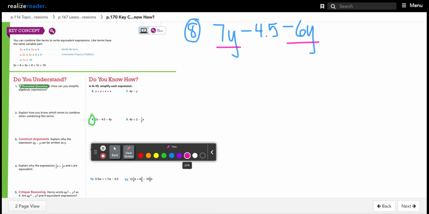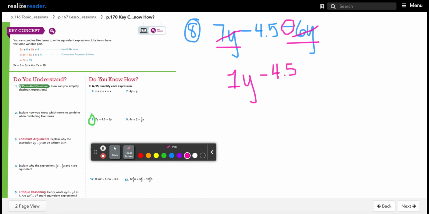So we're going to combine those like terms. 7y minus 6y, well, subtract the coefficients, 7 minus 6. We're subtracting because there's this subtraction sign next to the 6. So 7 minus 6 is 1. Y. Cross those off. We use them. Bring down the rest. Minus 4.5.